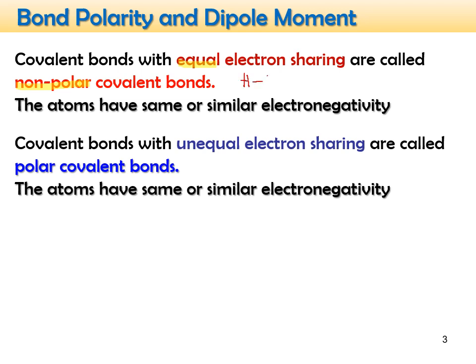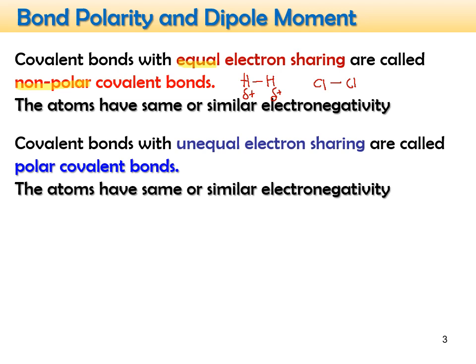H2. So in H2, you have a hydrogen atom and another hydrogen atom, and the sharing of electron is equal between these two atoms. For example, Cl2.